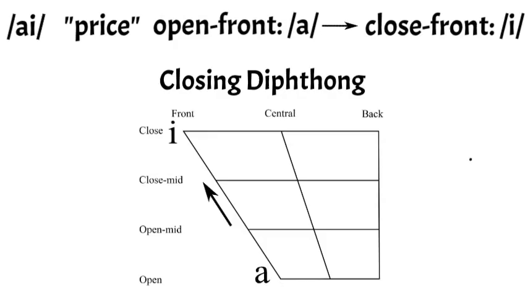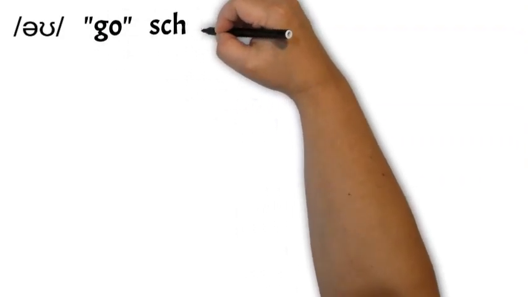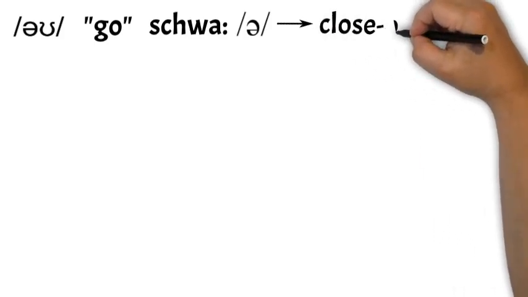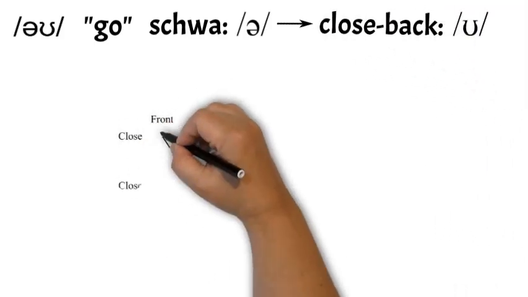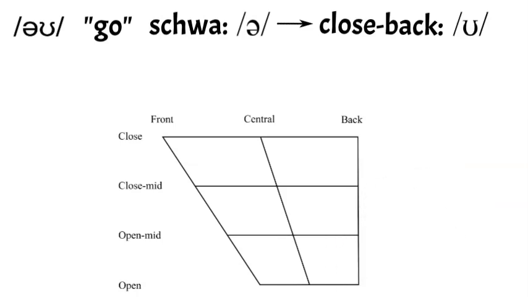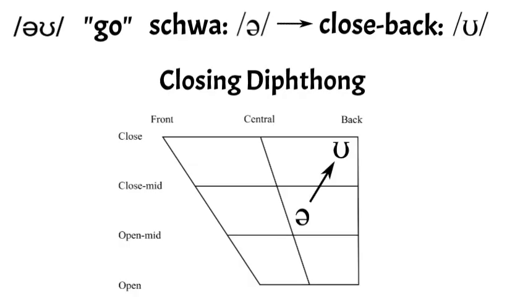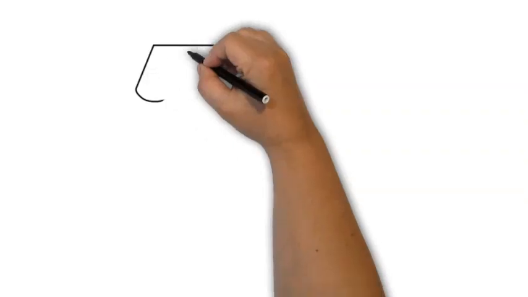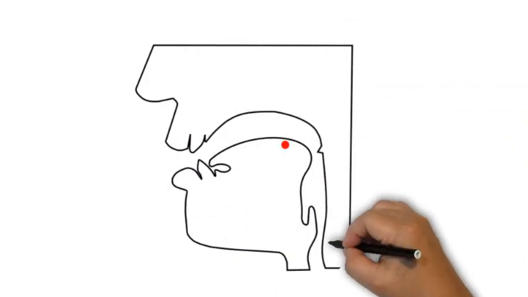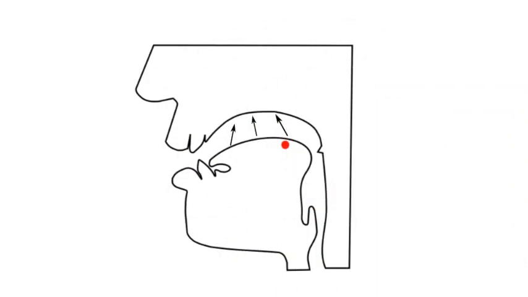Another example is O, as in go, which begins with a mid-schwa, and glides to the close U vowel, demonstrating an upward-backward tongue movement, characteristic of closing diphthongs. O, go. Think of it as your tongue moving to close the resonating space between it and the hard palate.